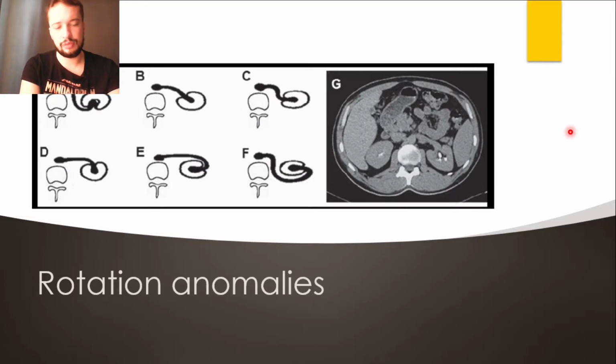First, incomplete rotation. It's the most common, and the hilum faces anteriorly. The second, hyperrotation, with the hilum dorsal or lateral. Third, reverse rotation. The hilum faces laterally and the renal vessels cross the kidney anteriorly.